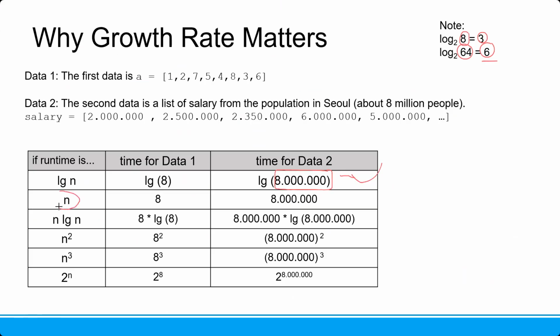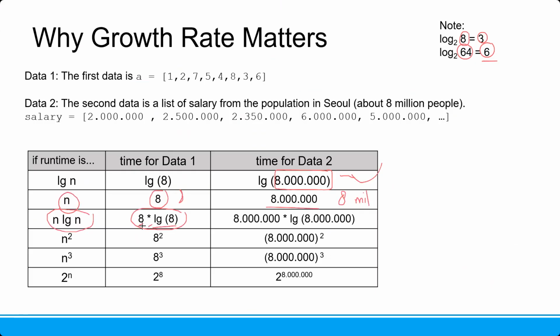What about linear? Linear means n. So if you have 8 data, then there will be 8 operations. If you have 8 million data, then there will be 8 million operations. If you have n log n, you just multiply n by log n.